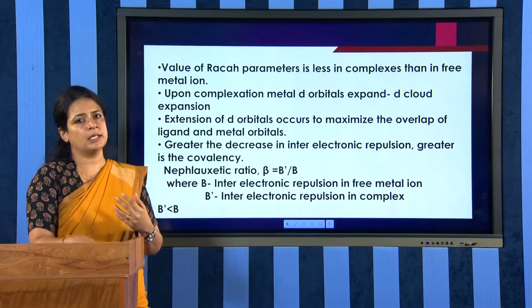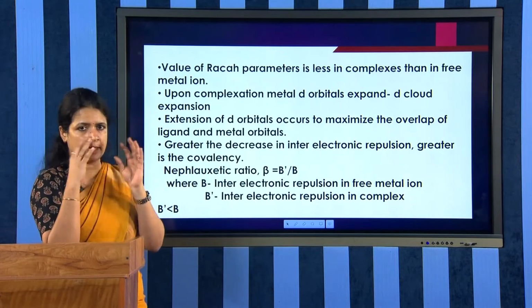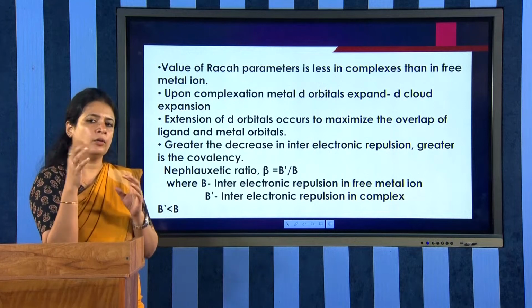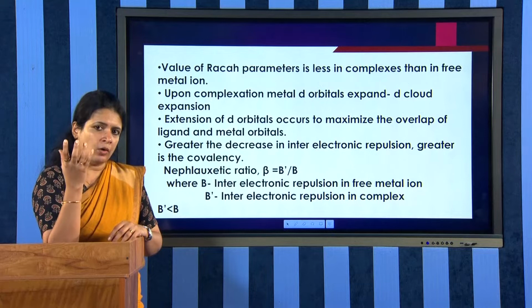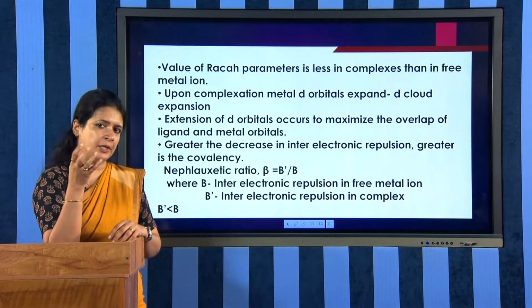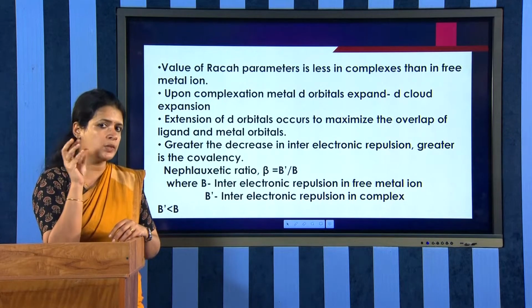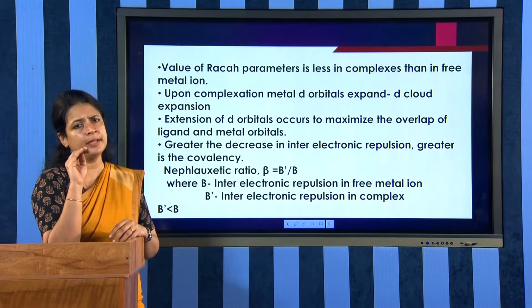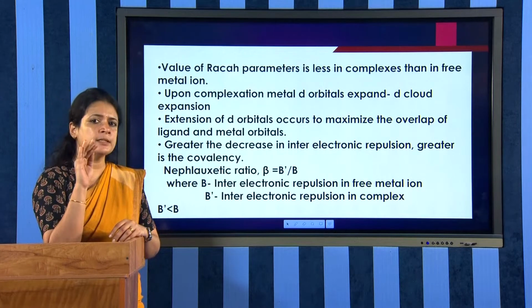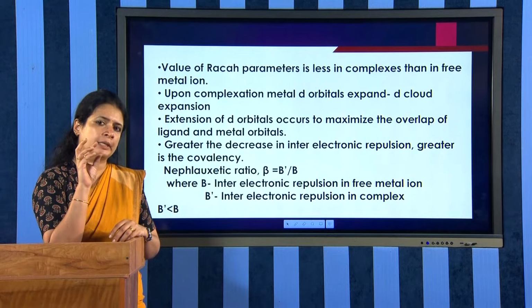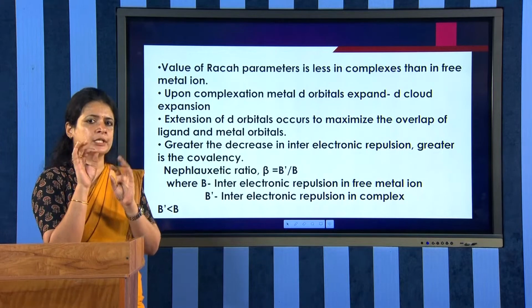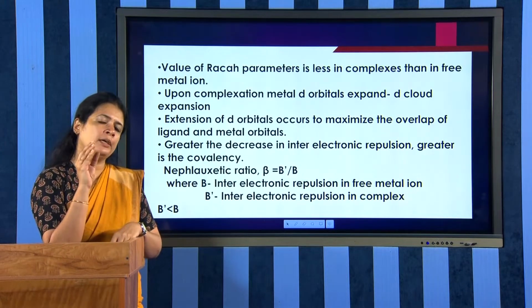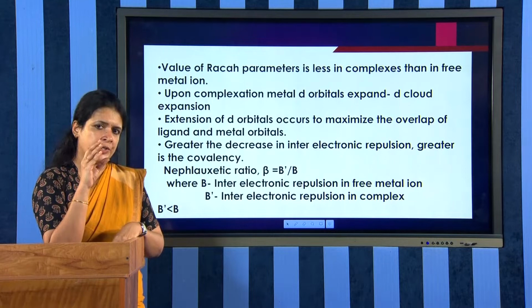See, the metal d orbitals have a particular shape, as discussed earlier, with the electrons inside. In the absence of any complexation, when the metal ion is in a free state, those orbitals are oriented in a particular direction, and with that there will be interelectronic repulsion.